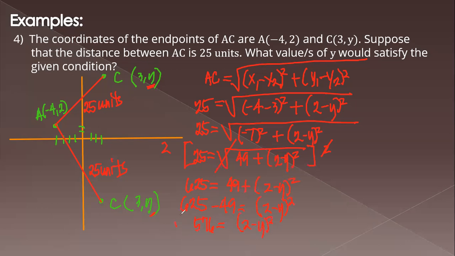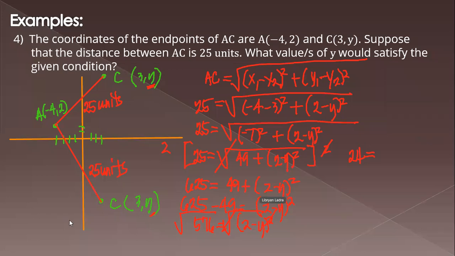Okay, extracting the root, para matanggal tong square natin dito. So we have the square root of 576 is 24. Okay, so 24 is equal to, tama ba? Let's check, 24 squared, 576.